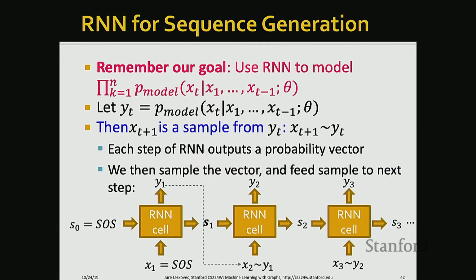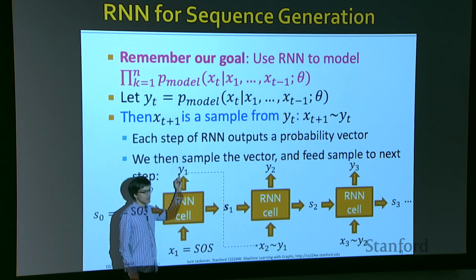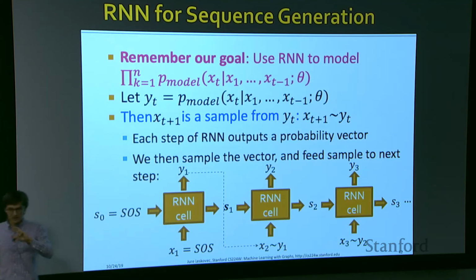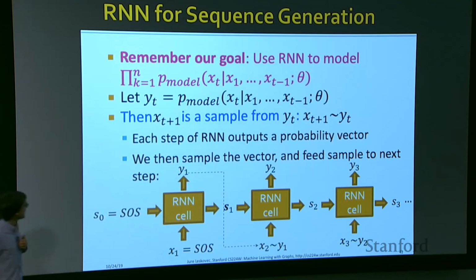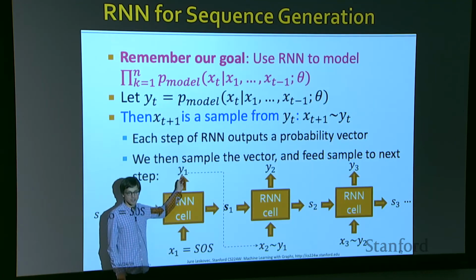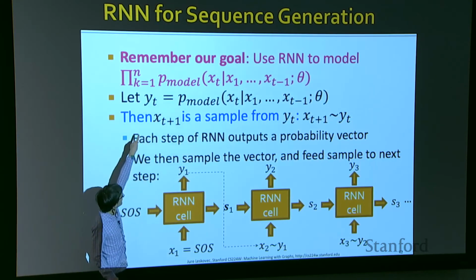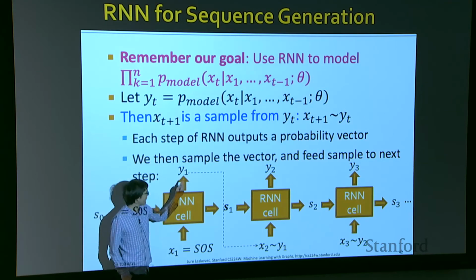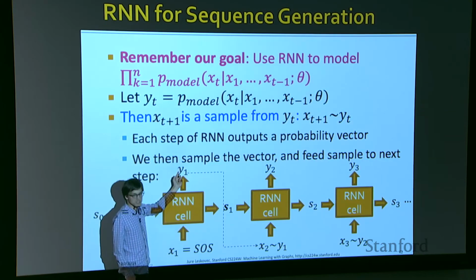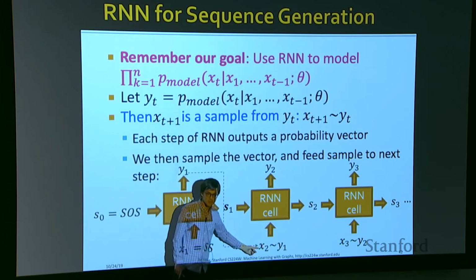So the way we make this stochastic is the following: rather than thinking of the output y here as a 0, 1, basically edge or no edge, let's think of this as a probability. And if this is a probability, then I flip a coin based on this probability to decide whether I get an edge or not.